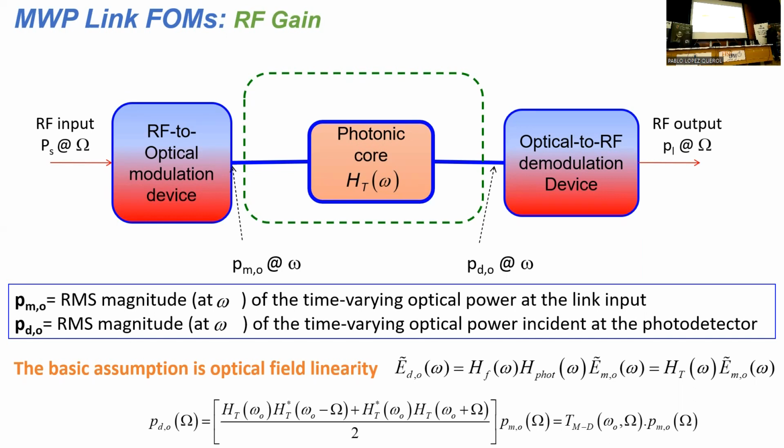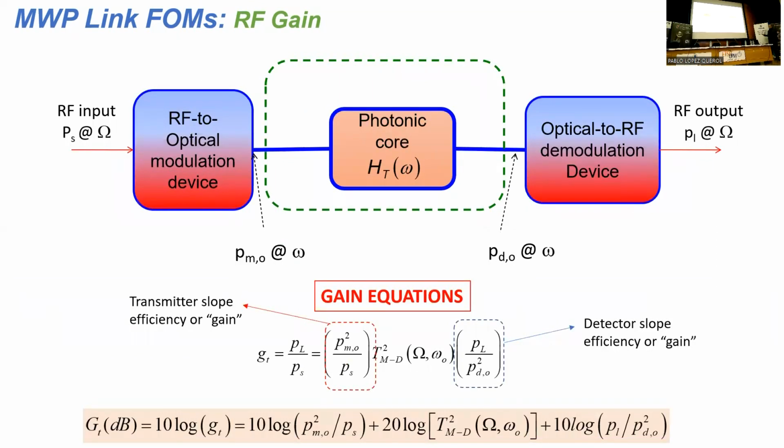And what this relationship tells me is that the output power is the input power multiplied by this strange factor. And this strange factor is nothing more than the beating between the carrier and the sidebands. Okay, so that's easy to understand. So this is the price I have to pay from going from the electric field to the optical power. Okay, right. So actually, I term this as a T function. Right.